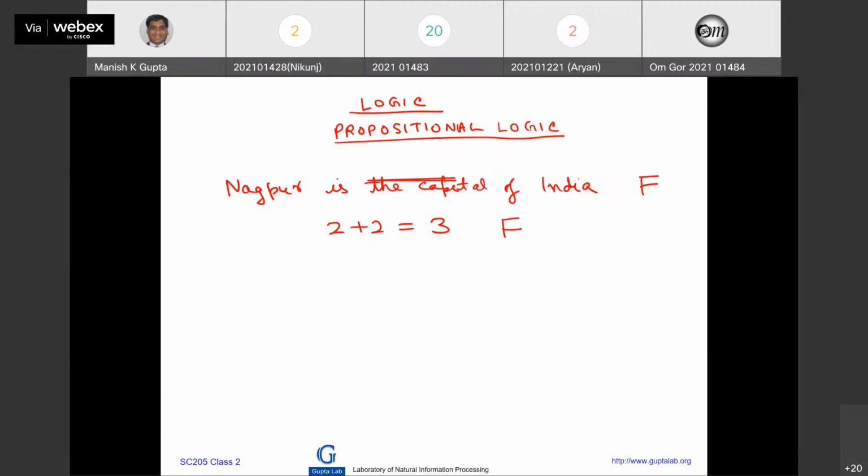Now you know, right? So that's okay. Anyway, 1 plus 1 is 2. True, right? So these are propositions, a kind of sentence, and we can say whether it is true or false, right?